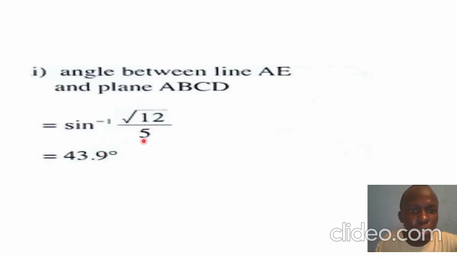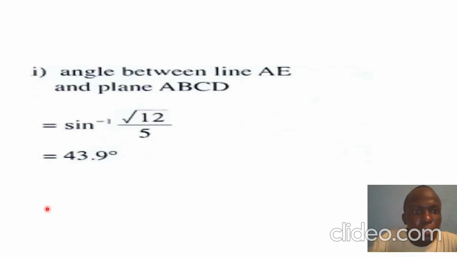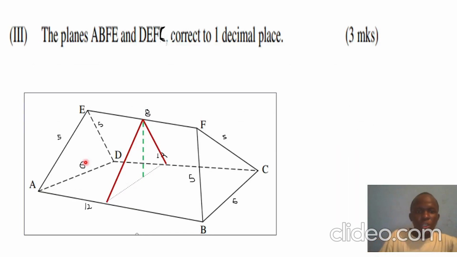It is sine inverse of root 12 over 5. Why are we saying sine? Because it relates the opposite and the hypotenuse AE. So sine inverse of root 12 over 5 is 43.9 degrees. On to the next question.